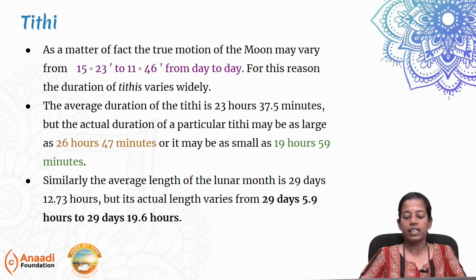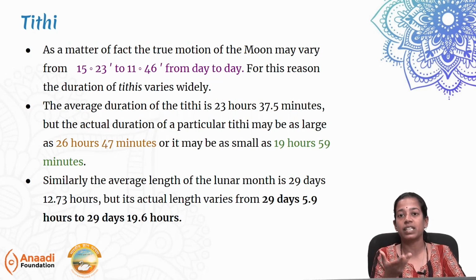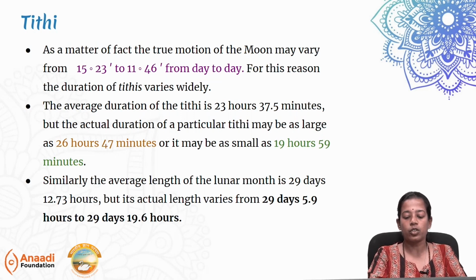So, they had given calculations and solutions for arriving at the position of the Moon very accurately, but at the same time this is a dynamic calculation. The synodic period, which we saw is roughly about 29 and a half days, also will vary. So, all of this is very dynamic with respect to space.